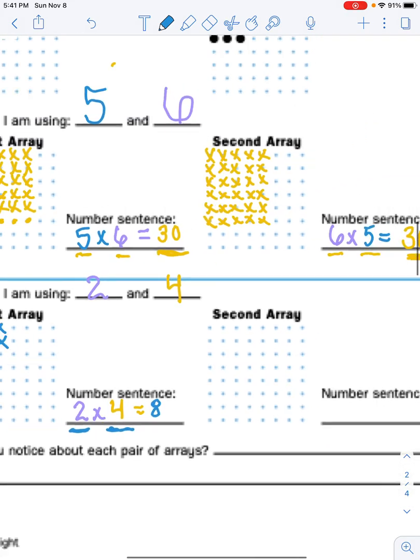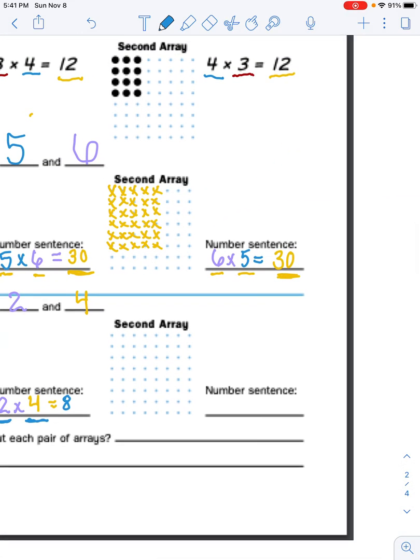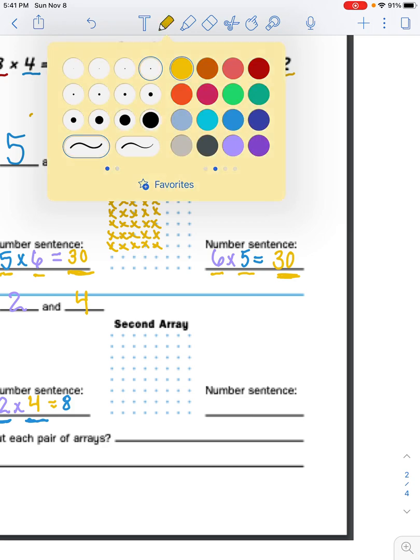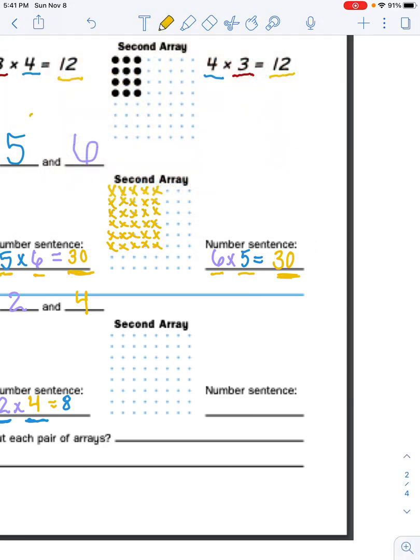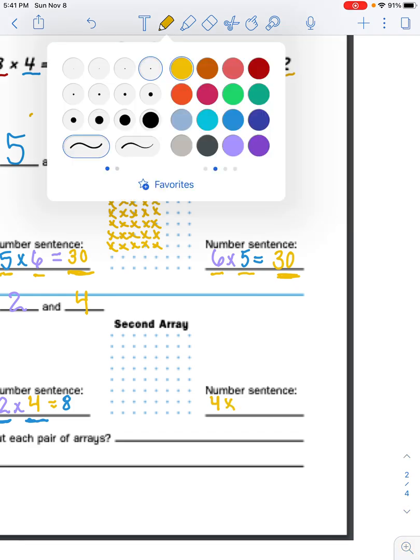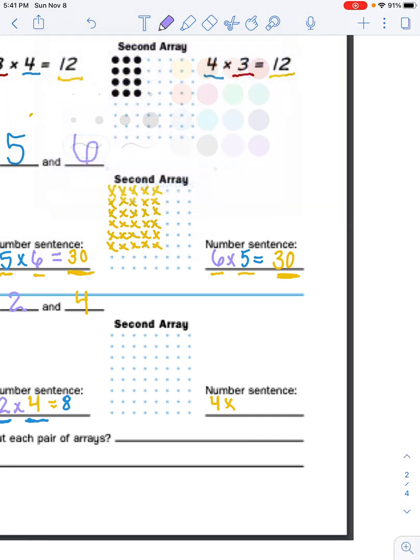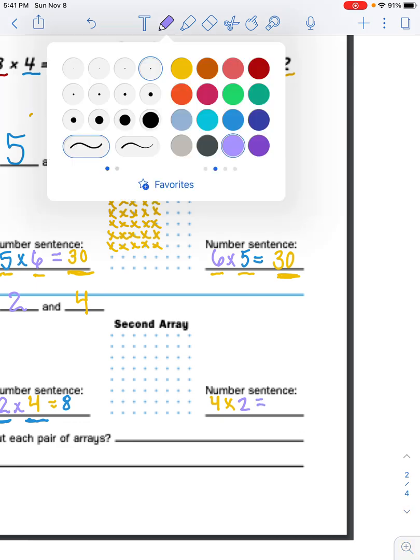Now let's prove that the turnaround rule is going to work over here. So I just take that 2 and the 4 and I flip them around. So since I did the 2 first last time, I'm going to do the 4 first this time. And then multiply it by 2 and see if it equals 8.